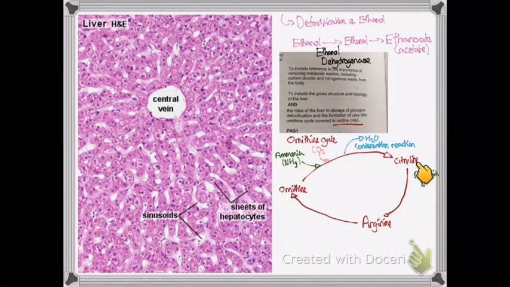Then we've got citrulline, and once again ammonia, which is made by deaminating amino acids, then binds to citrulline to create arginine, but as a byproduct water is produced, so it's another condensation reaction.